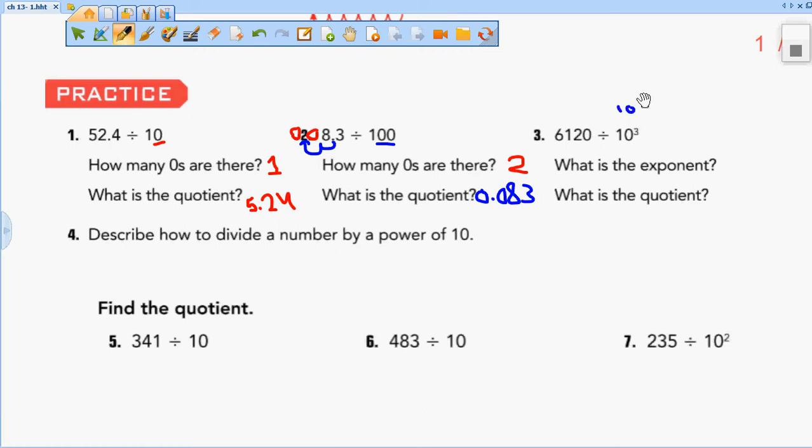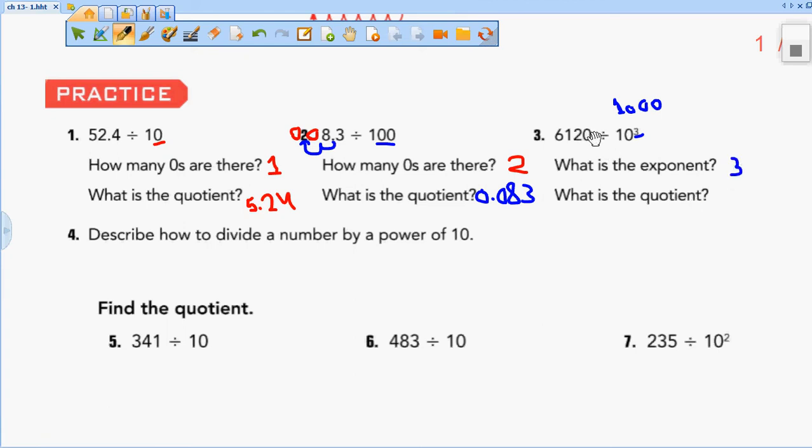Don't forget that. 3, that means I have 3 zeros. Okay, boys, what's the exponent here, or the power? The power here, it's like the exponent. It's called exponent or power or index or indices. 3 means here I have 3 zeros.